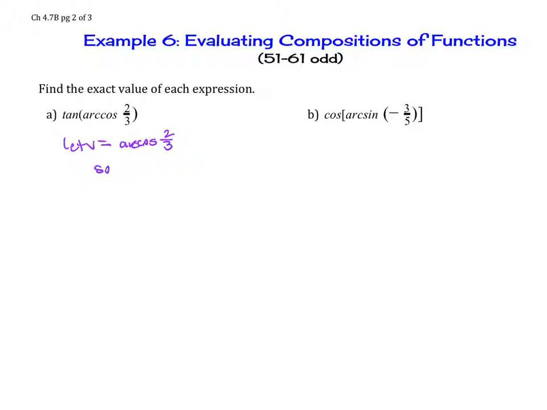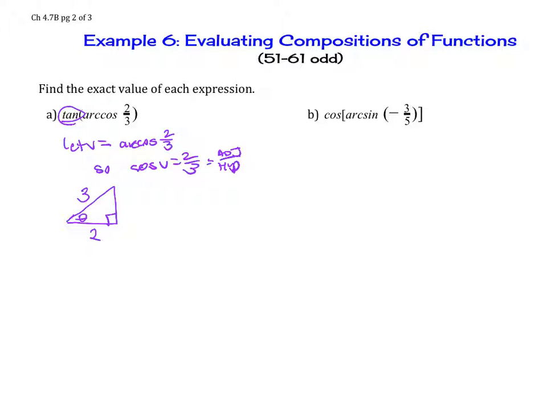So we can rewrite it as cosine of u equals 2 over 3. I want you to think about that because we need to draw a triangle. What do 2 and 3 represent? 2 is our adjacent, and 3 is our hypotenuse.